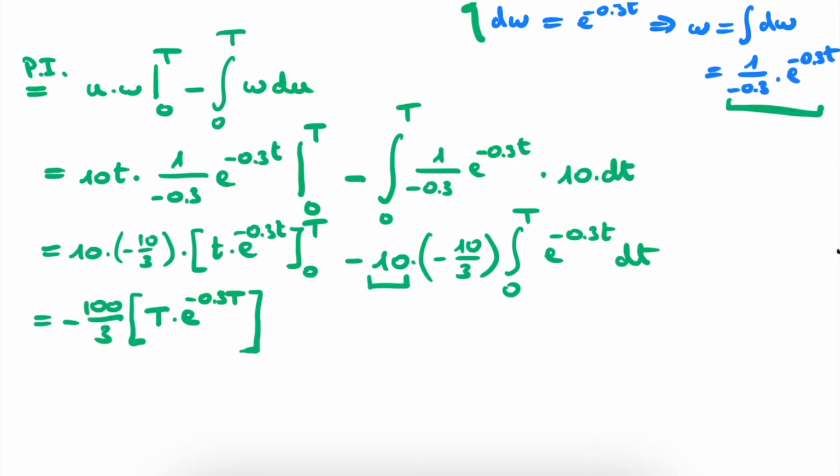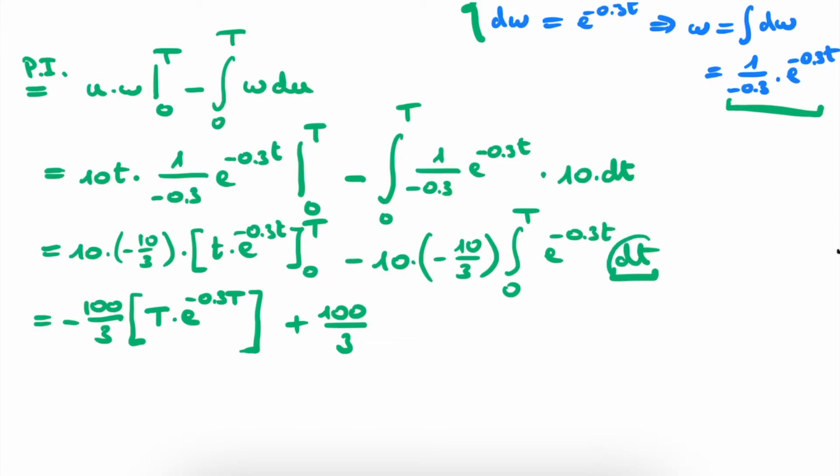Then we have 10 multiplied by minus 10 over 3. These two minus signs become a plus sign, and we have 100 divided by 3. Then solving this integral right here, we first multiply this dt with minus 0.3. In that way, we have the same variable that we're integrating over as we have in this exponent. This is basically a very short way of doing substitution.